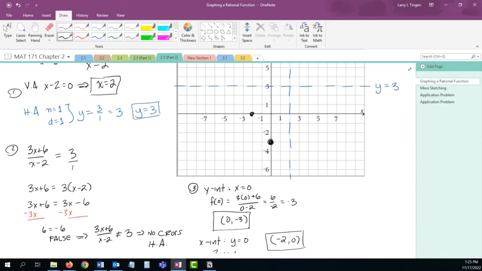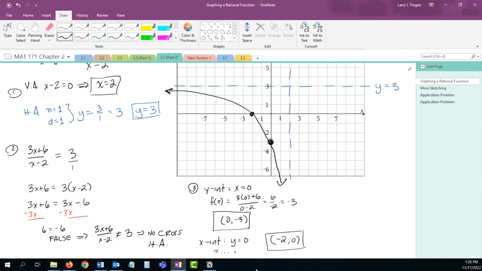So as x heads off toward negative infinity, as x goes to the left, the function is going to get up here and hug that horizontal asymptote. As x gets closer and closer to 2, guess what the function does? It hugs that vertical asymptote, x equals 2.